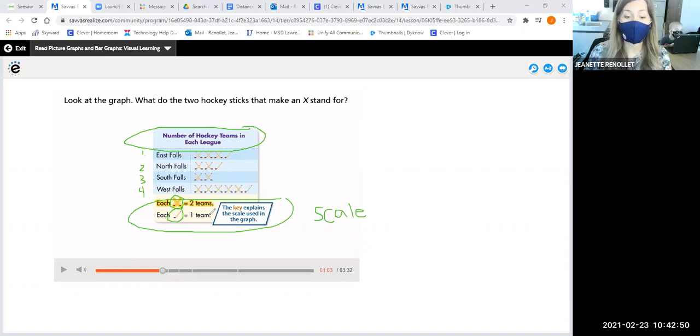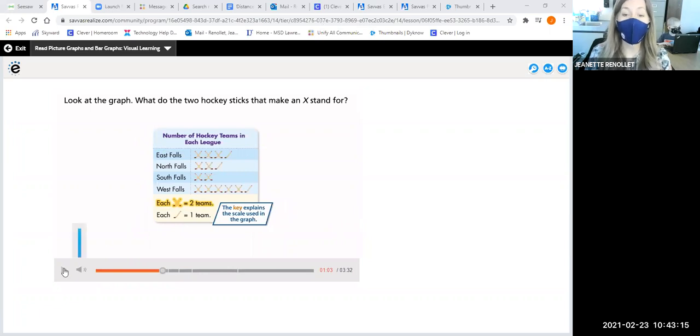So our scale is shown at the bottom. Our scale helps us know, are we counting by ones? Are we counting by 2s, 5s, 10s? What are we counting by? In this example, we're going to count by 2s when we see an X and count by 1s when we see 1 hockey stick.